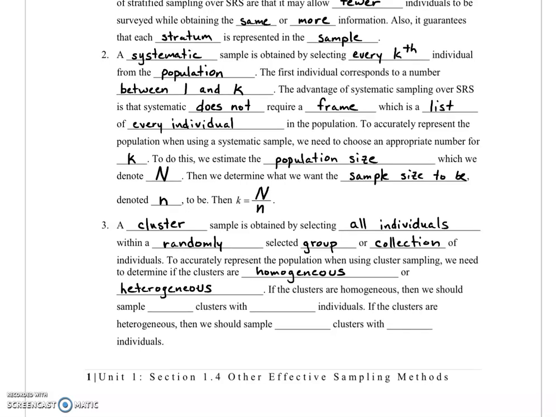And heterogeneous means they don't have some similar characteristic that they share. If the clusters are homogeneous, then we should sample more clusters with fewer individuals in each cluster. But if the clusters are heterogeneous, then we should sample fewer clusters with more individuals in each cluster.